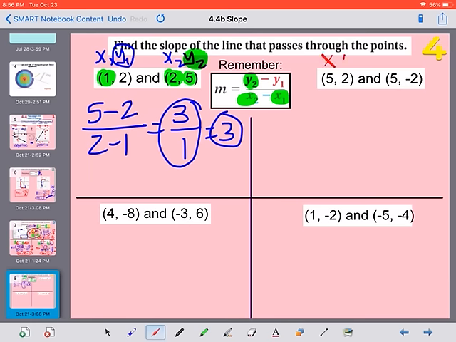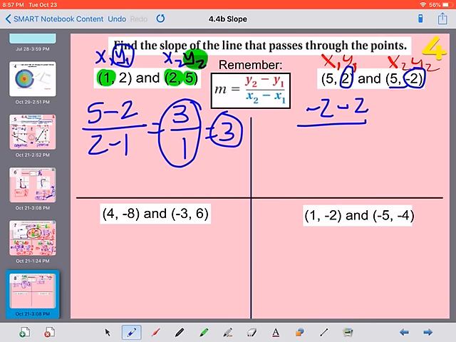All right, we have x, y first point, x, y second point, and then plug them into our equation. y2 minus y1. So we have negative 2 minus y1, which is 2. We used those two numbers. And then x2 minus x1, it's really 5 minus 5.